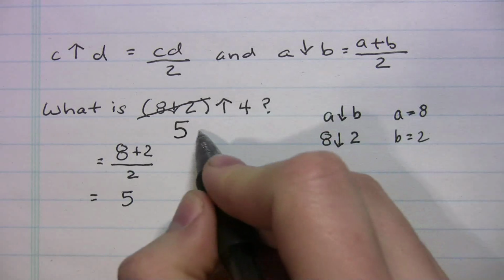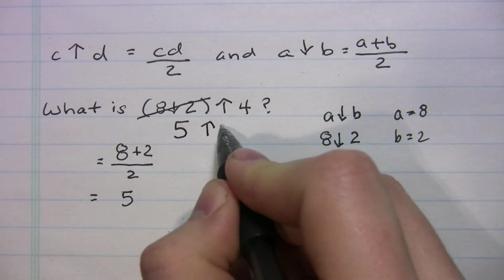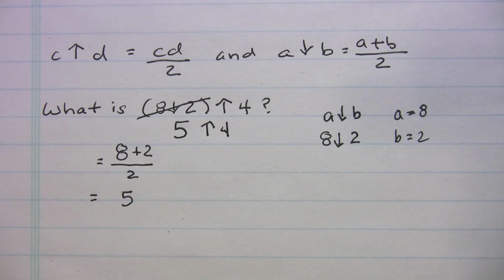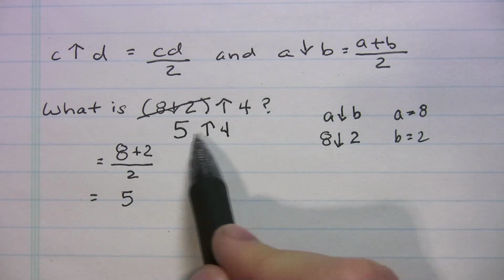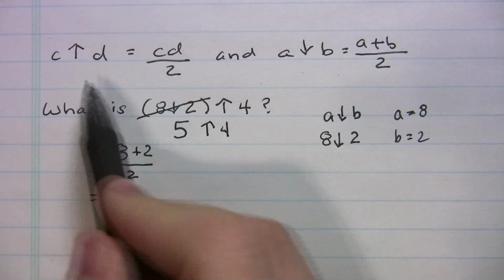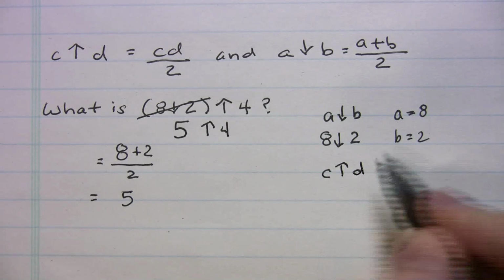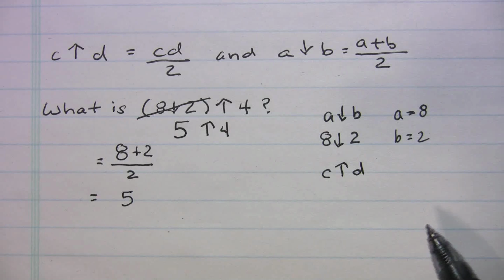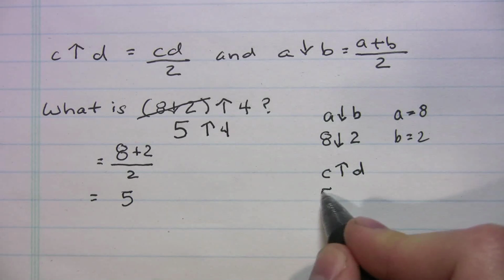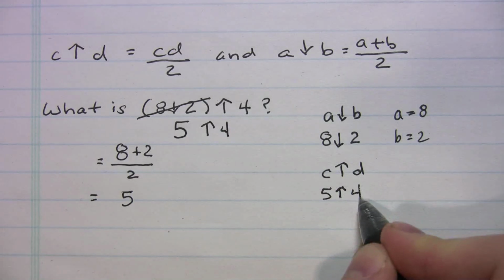So what are we evaluating now? We're looking at 5 up arrow 4. Well, where are we going to go for the up arrow operation? We're going to this one. So I can write these over again just to make sure I have my info correct. C up arrow D, and I'm looking at 5 up arrow 4.